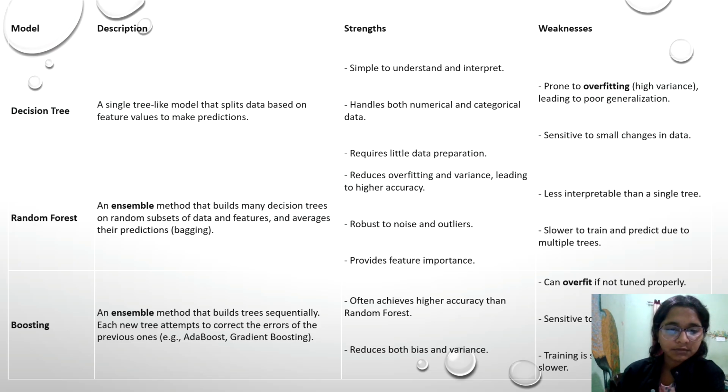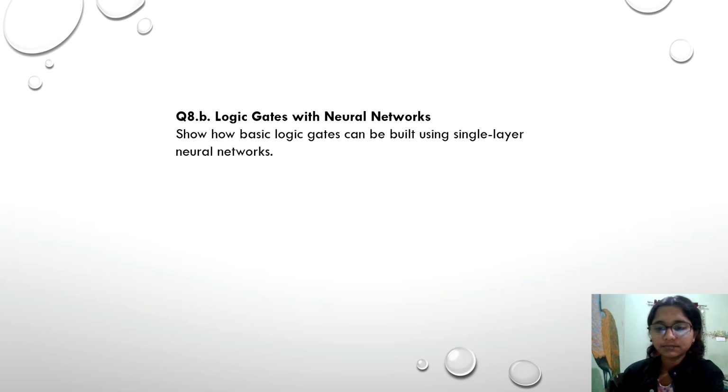Then boosting is an ensemble method that builds trees sequentially. Each new tree attempts to correct the errors of the previous ones, often achieving higher accuracy than random forest, reducing both bias and variance. And here is the weakness.